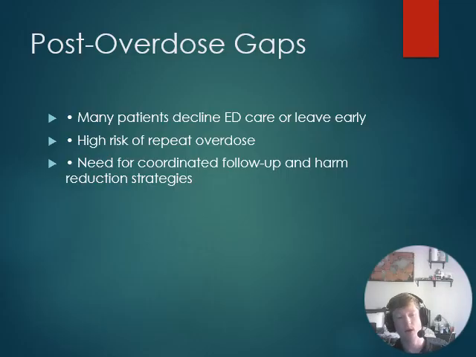On this, the need for coordinated follow-ups and harm reduction strategies is where we really start seeing how community paramedicine is starting to shine and help these individuals who are addicted to opioids, showing them there is a better way, a way out, a way to beat addiction.